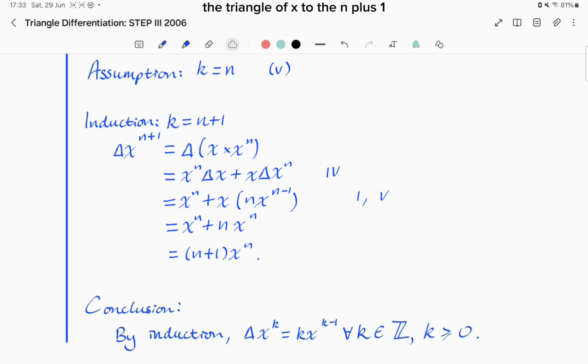The triangle of x to the n plus 1 is equal to the triangle of x times x to the n. This, by rule 4, is equal to x to the n triangle x plus x triangle x to the n. By results 1 and 5, this is equal to x to the n plus x times n x to the n minus 1. This will expand to x to the n plus n times x to the n, and this is equal to n plus 1 times x to the n.